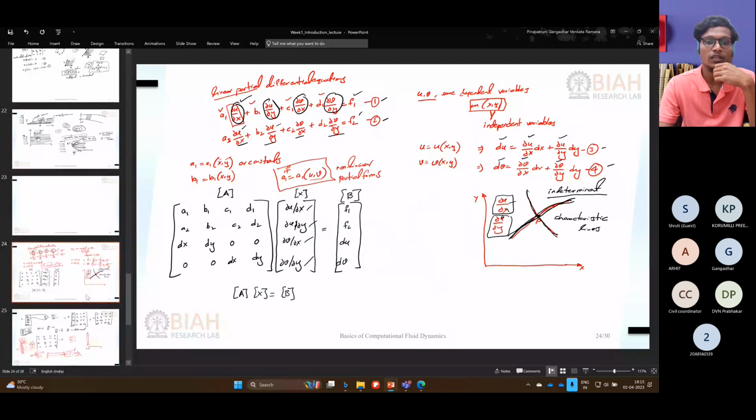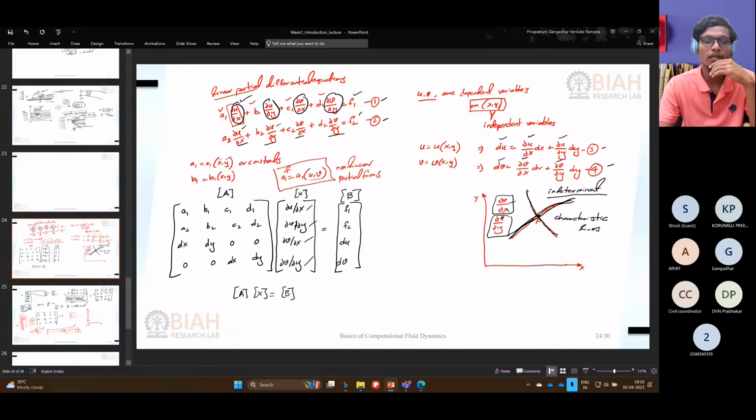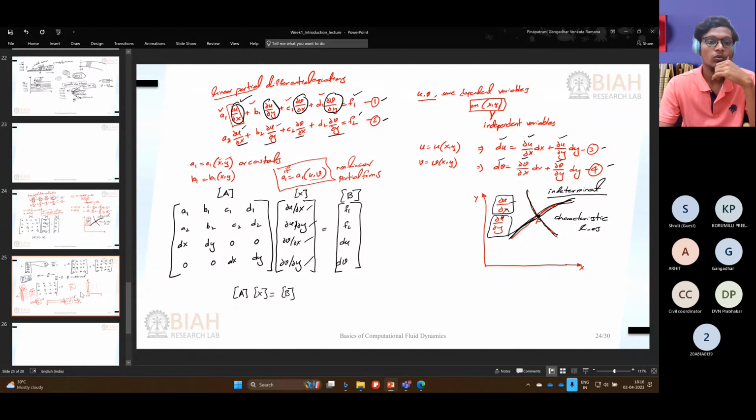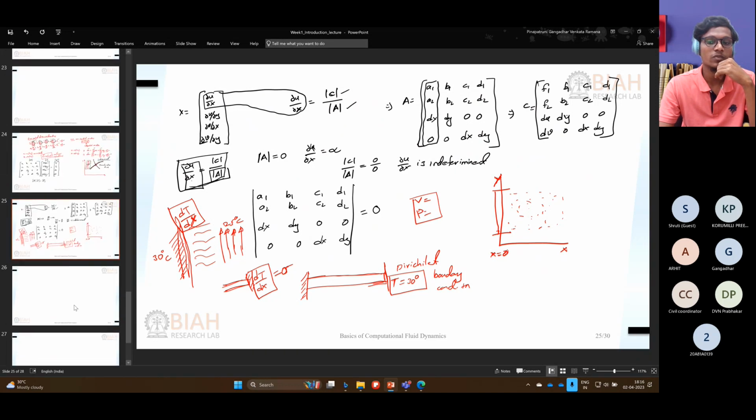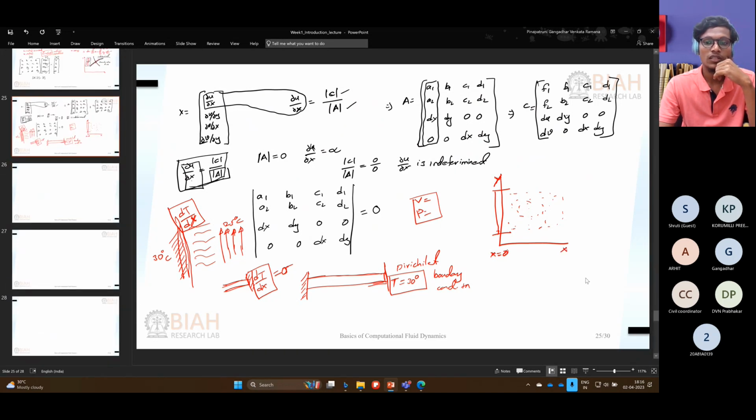And then I also described a simple method, Cramer's method, for how to classify the partial differential equations. So these are the things I taught them so far.